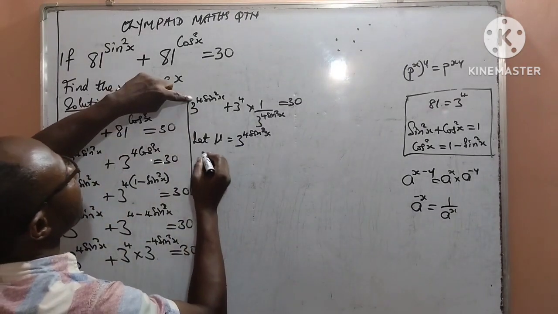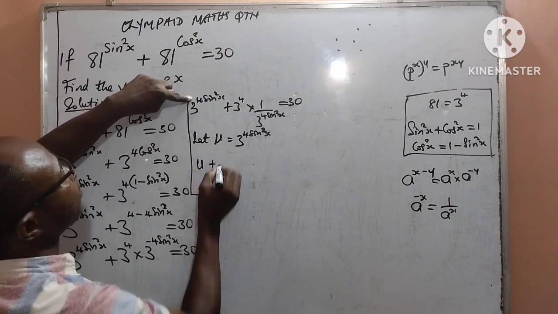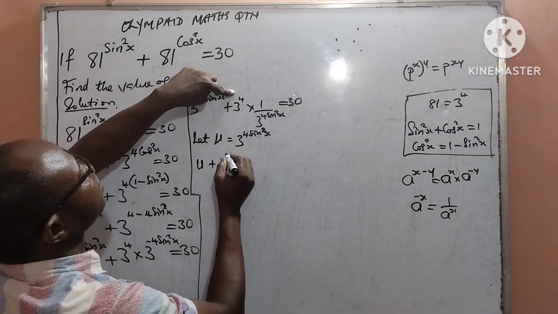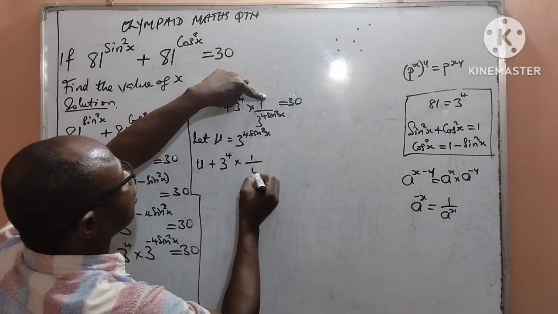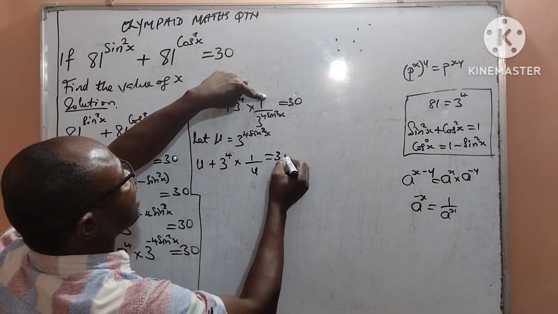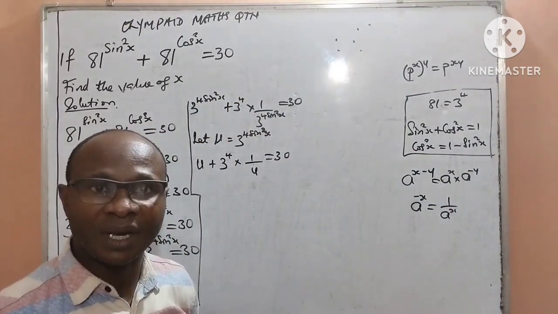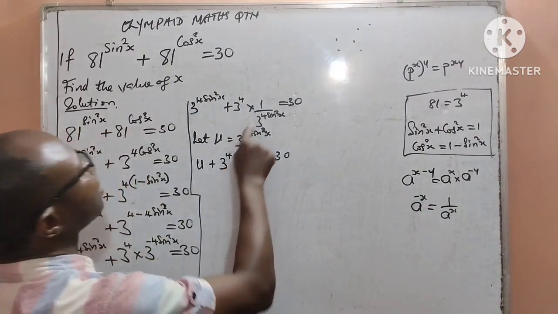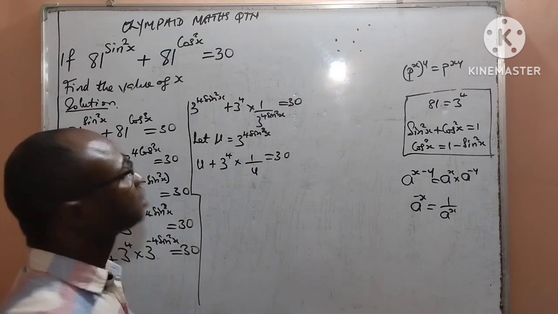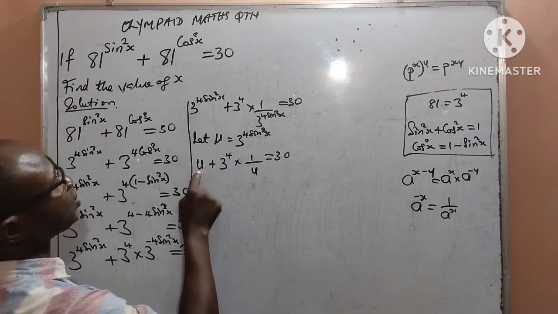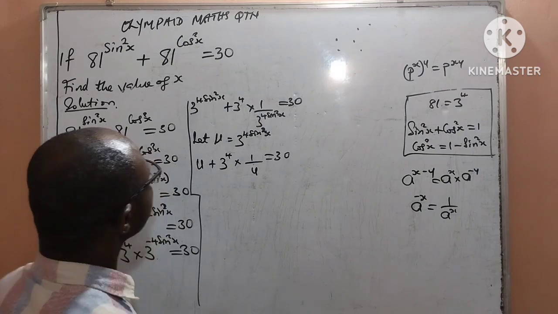Doing that, I have here u plus 3 raised to the power 4 multiplied by 1 all over u equal to 30. I have now done the substitution. 3 raised to the power 4 sine square x represented as u, and likewise here also represented as u.